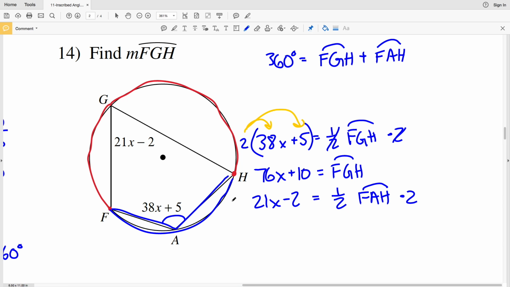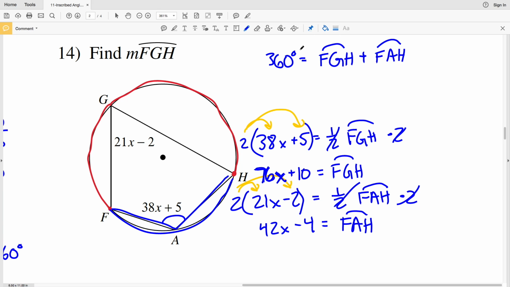So multiplying both sides by 2 again, distributing that 2, 21x times 2 is 42x, and we're still subtracting 2 times 2, which is 4, and that's equal to FAH. So now I have FGH as 76x plus 10 and FAH as 42x minus 4.